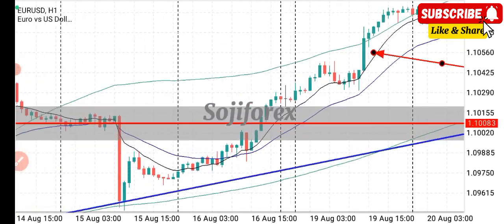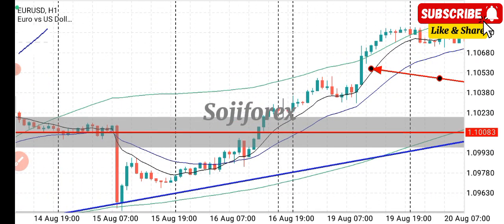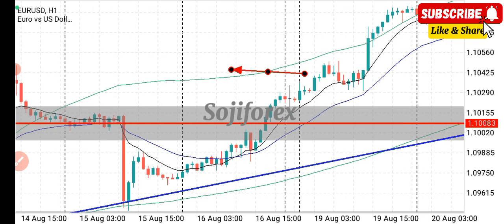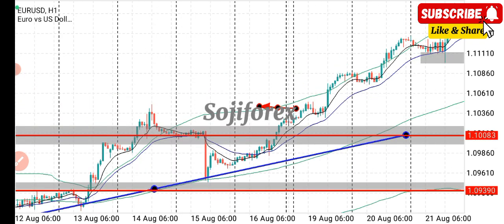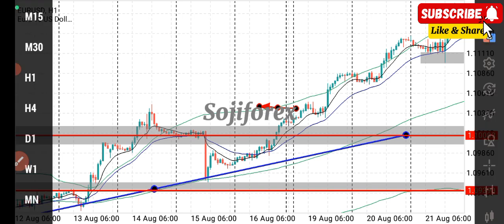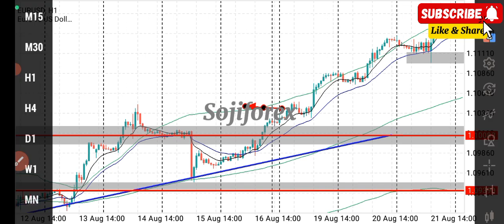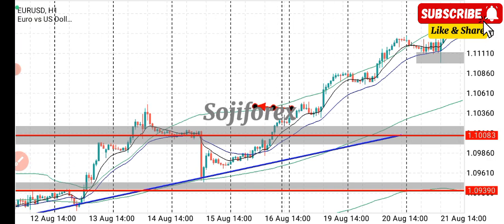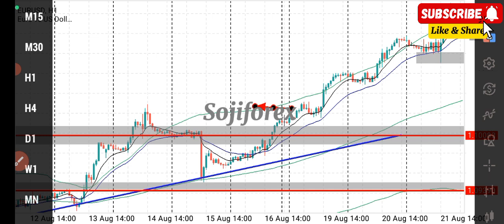Remember, we have rules, so you are not just going to trade at random. Condition number 1, mark out your support and resistance on the higher time frame, and then you move to your 1 hour time frame. And here we are on our 1 hour time frame.